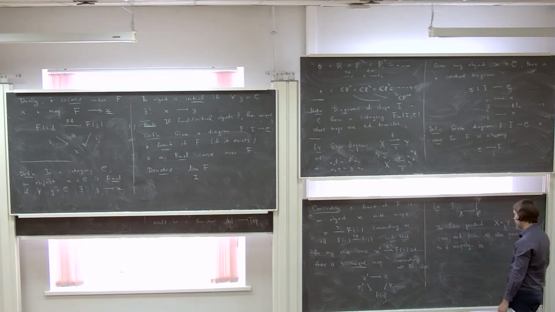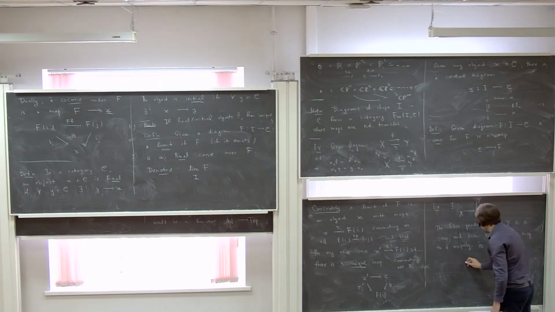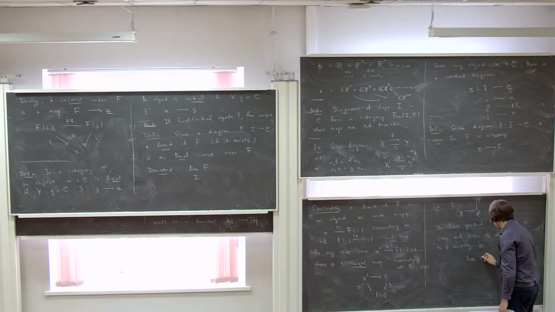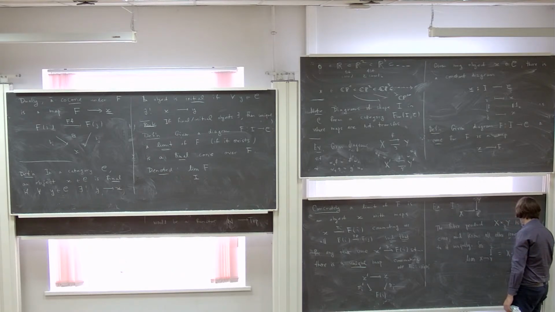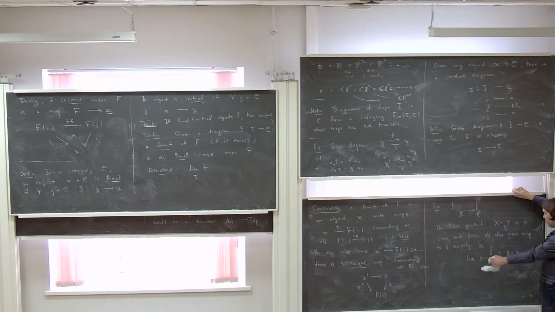So what does that mean? That means in this notation of a limit, I would say that the limit, I'll draw the functor just as a diagram because that's what it is, equals the fiber product. Well, together with its data of projections. But as an object, the underlying object is just this fiber product.